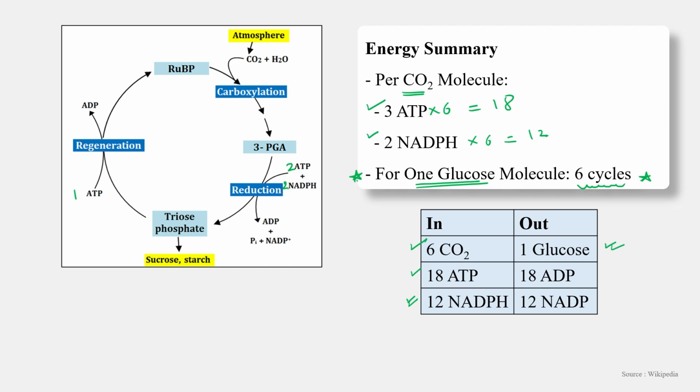Glucose is a 6-carbon molecule, right? So this is how we conclude that for the generation of 1 glucose molecule, we need 6 carbon dioxide molecules, 18 ATP molecules and 12 NADPH molecules.